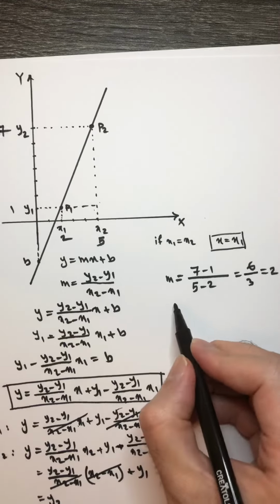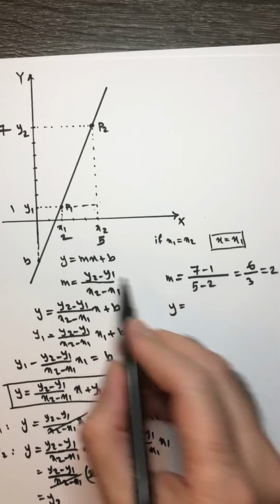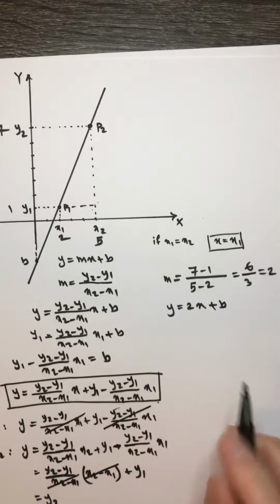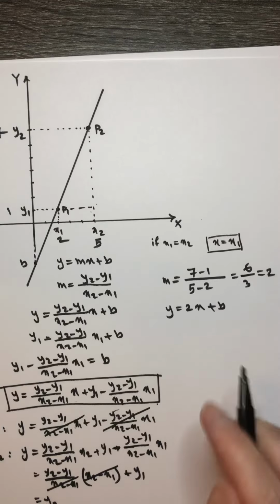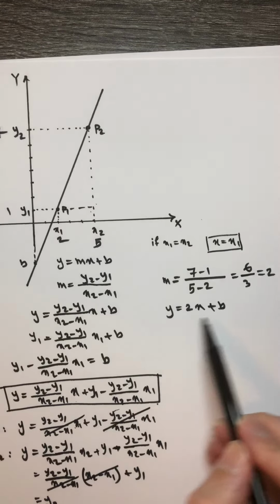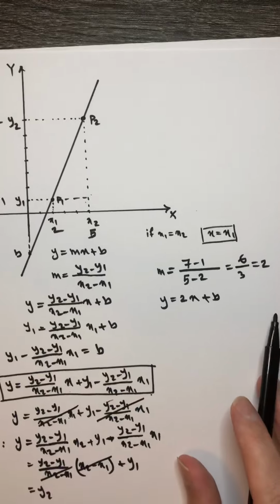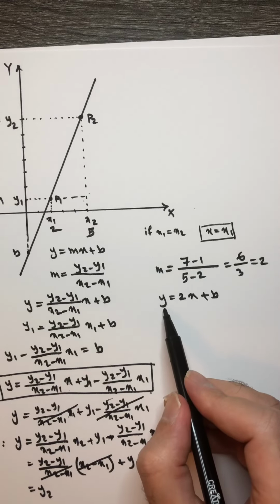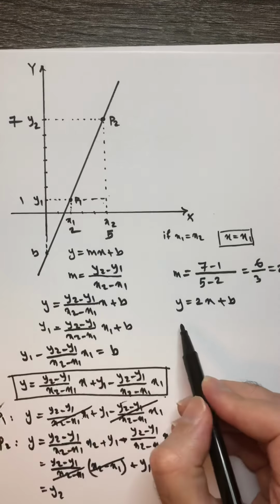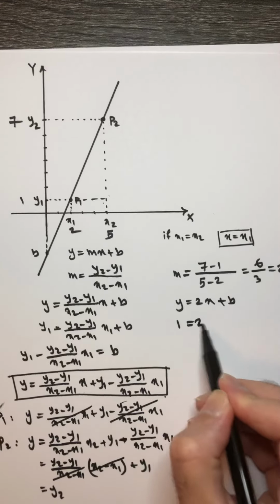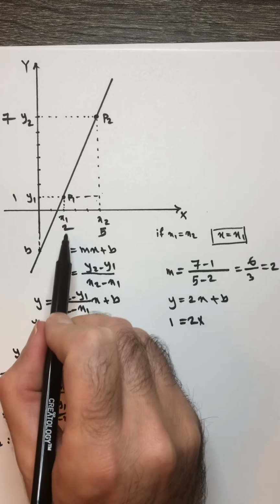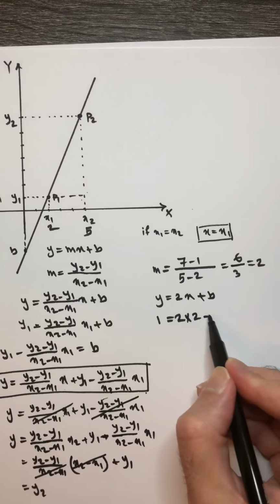Then we write the equation as y equals mx plus b, which is 2x plus b. We want to find b. To find b, we insert the coordinates of one of the points into this equation. So let's do it for P1. For P1, the y-coordinate is y1, which is 1, equals 2 multiplied by x. What is the x-coordinate for P1? It is 2, plus b.